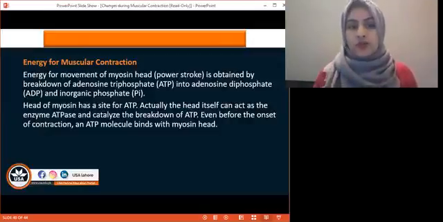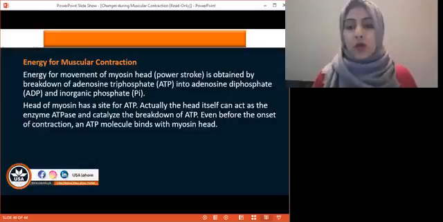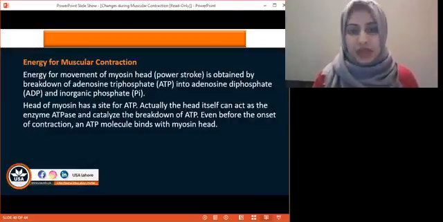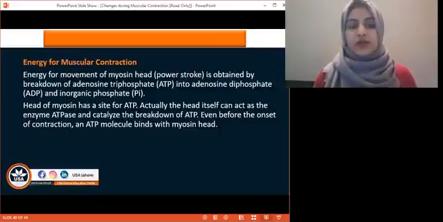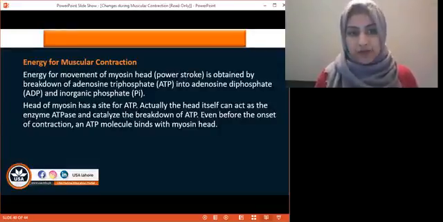Even before the onset of contraction, ATP molecules bind with the myosin head. So the energy for muscular contraction is always obtained from ATP, which is broken down into ADP, adenosine diphosphate, and inorganic phosphate ion.